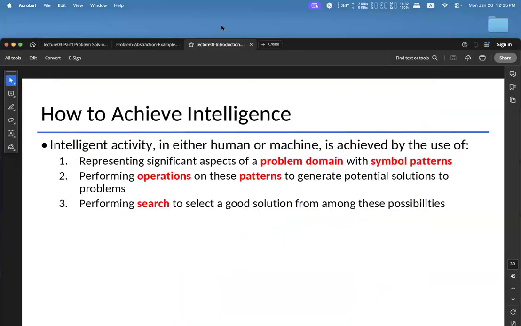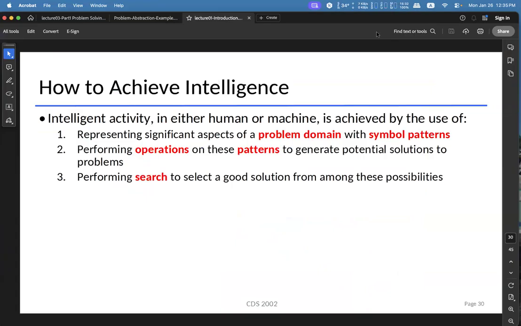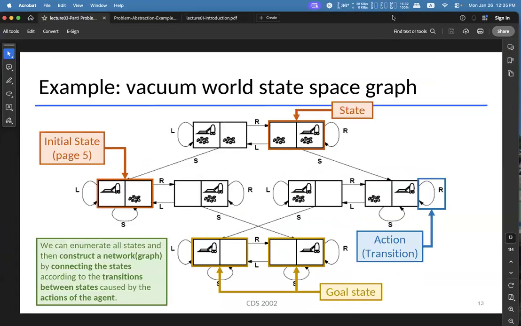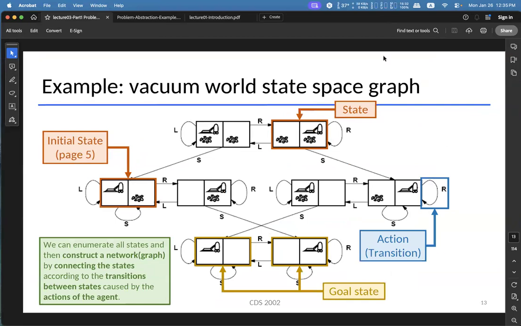One thing you must understand is that once we are able to convert the problem we are solving into a graph like this, then solving the problem is just as simple as finding a path that connects the initial state to the goal state.